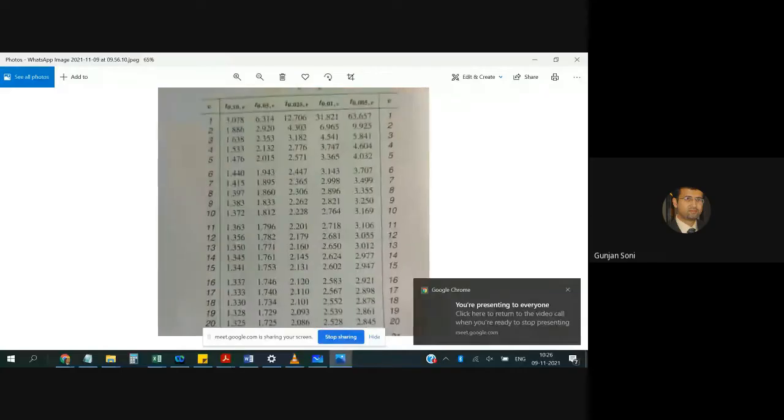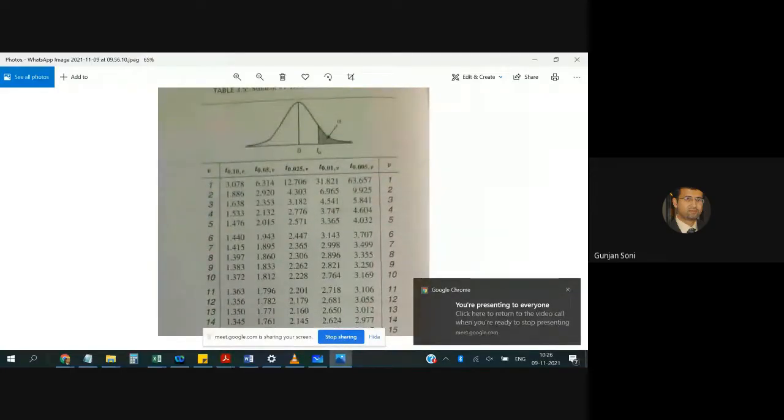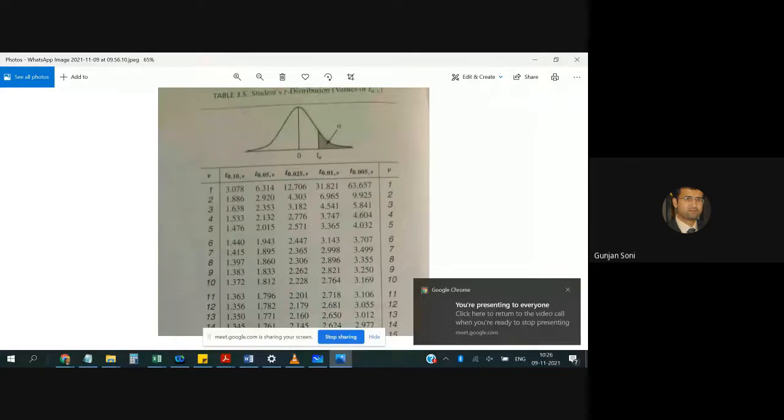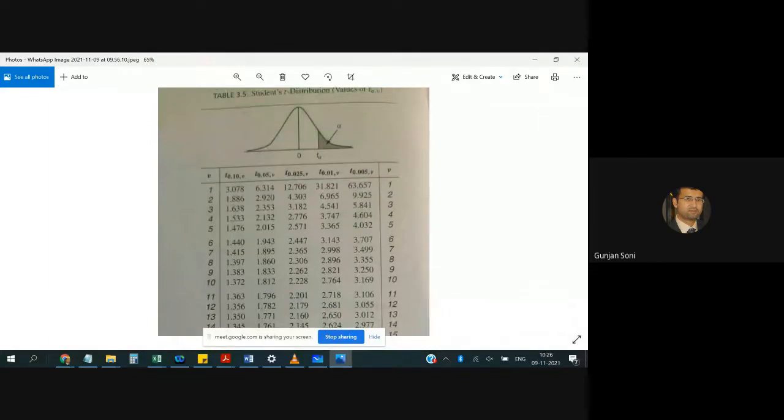So you can see, here you can see is alpha. If you see over here, it's given from right to left, unlike the earlier one. I'll stick to what I have.